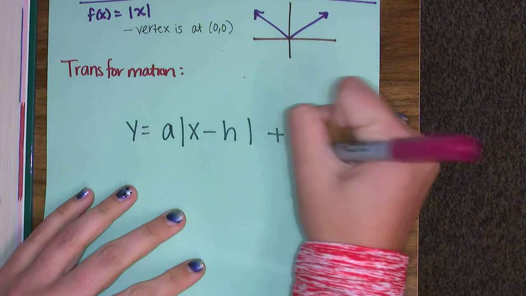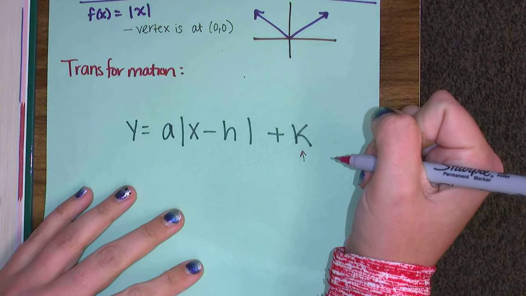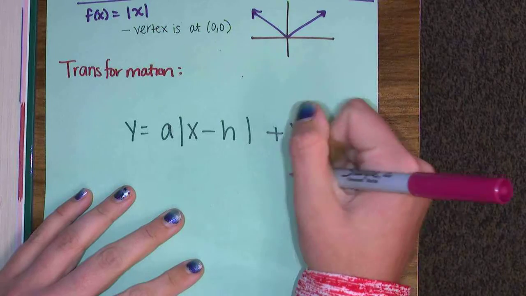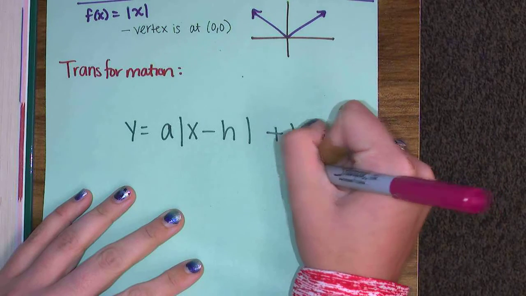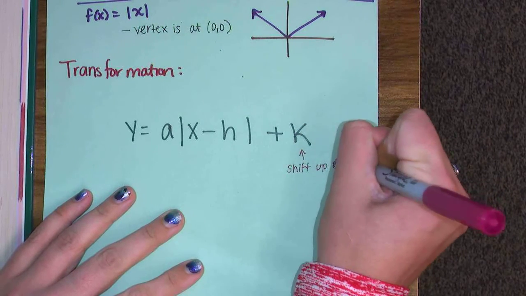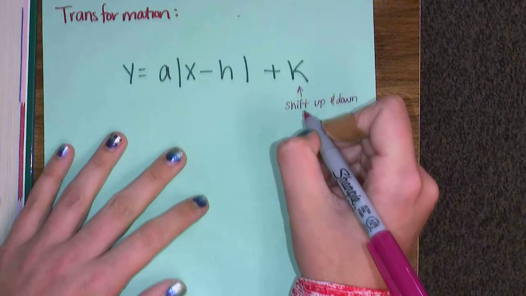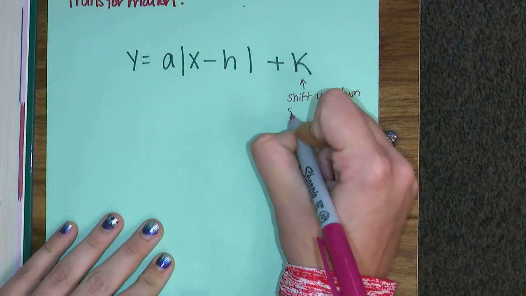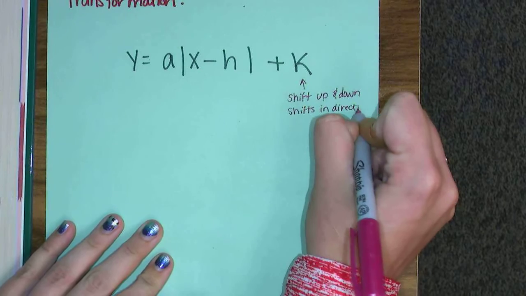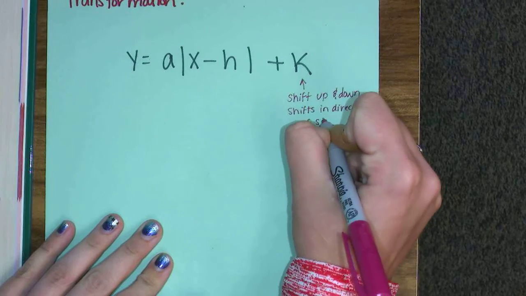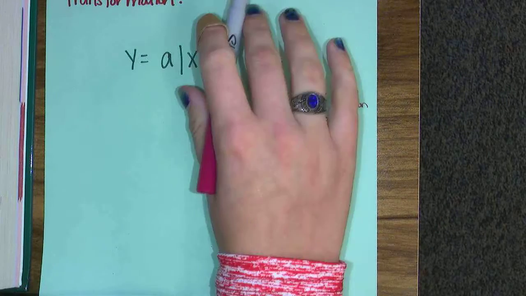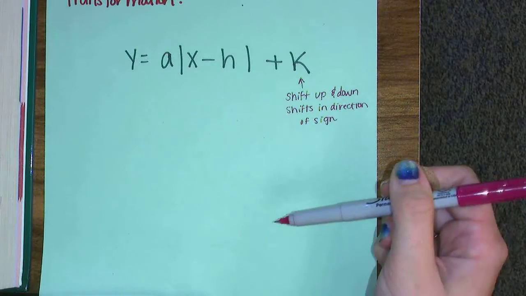K is going to be the shift up and down. And for K, it shifts in the direction of the sign. Okay, so meaning if K is positive, my graph goes up. If K is negative, my graph goes down, the whole thing.